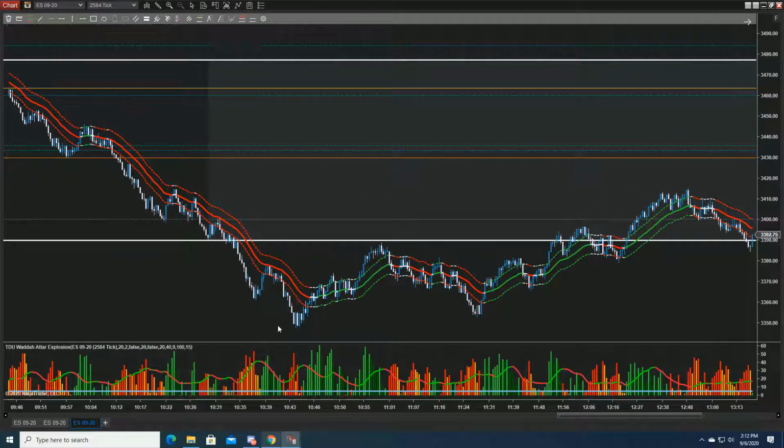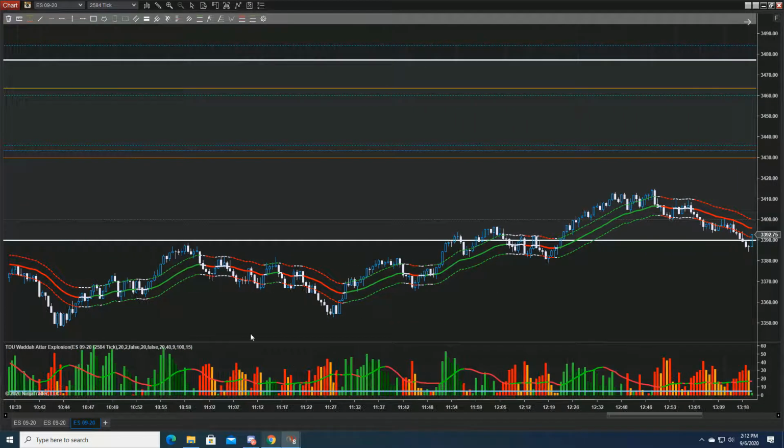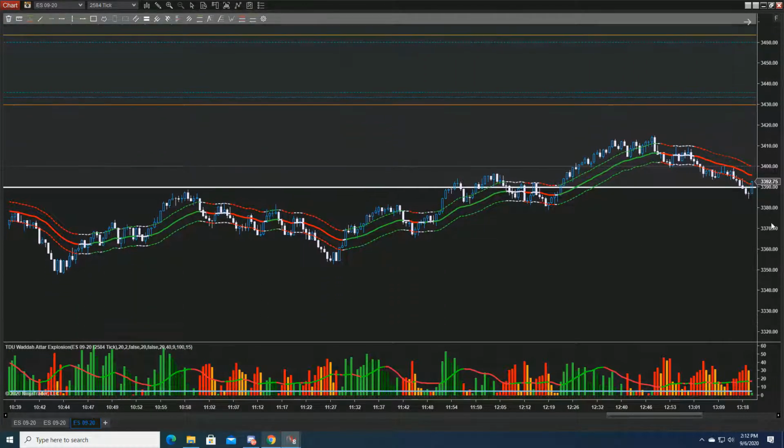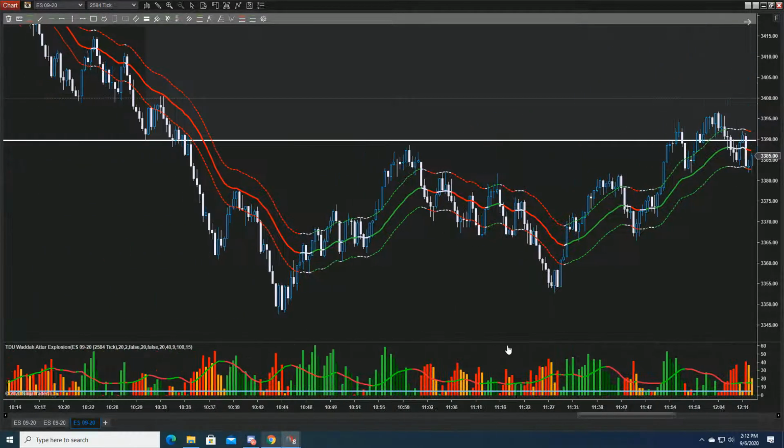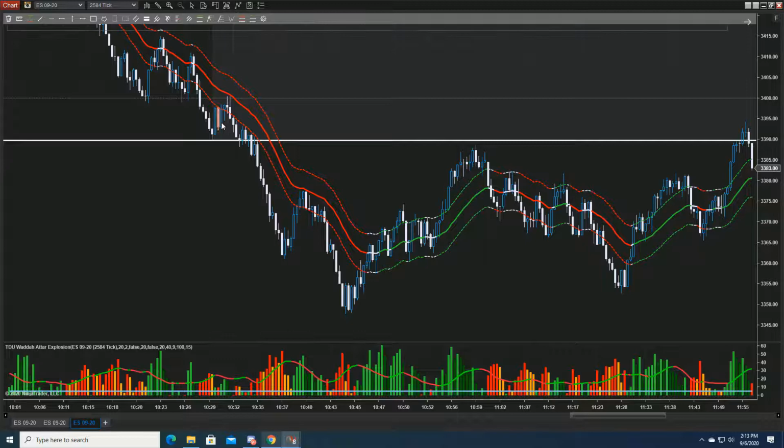Now, once we start going sideways here, I'm going to open this up a little bit more. You'll see that we get into periods where the Devil Bands' center line, being the McGinley, is going flat. The McGinley is going sideways here, and we're getting lack of trend signals. So the way that I will trade this is I'm looking for breakouts that get outside of one ATR.